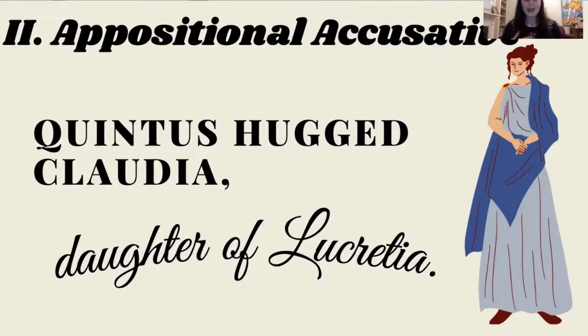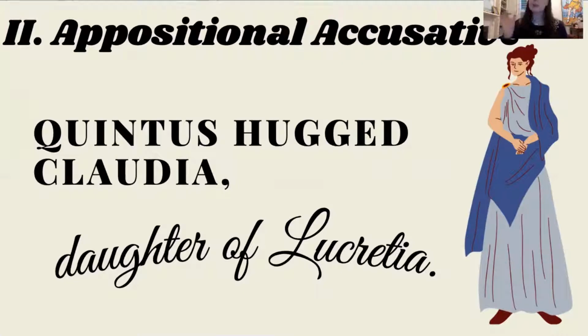And one of those is the appositional accusative. So this is when you're attaching a phrase. There's a difference between a clause and a phrase. A clause is something that includes a verb. A phrase is just a group of nouns and adjectives.